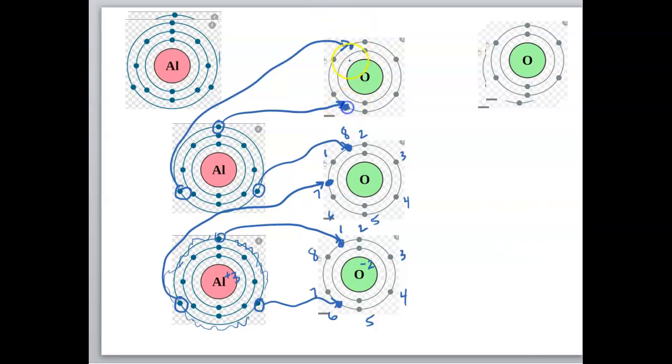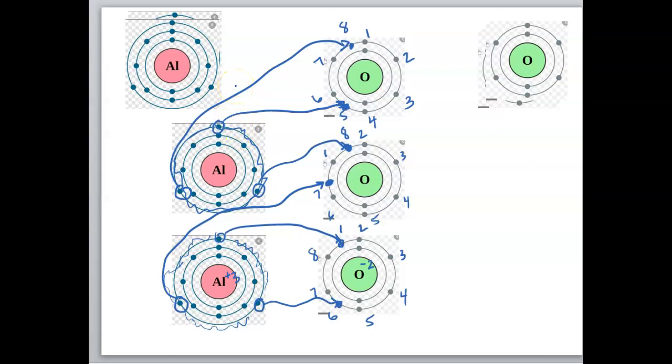Let's check whether or not our numbers are right. 1 electron, 2, 3, 4, 5, 6, 7, and 8. Aluminum has managed to lose all 3 of its valence electrons, so that shell disappears and it now has that inner shell that's the full valence electron.